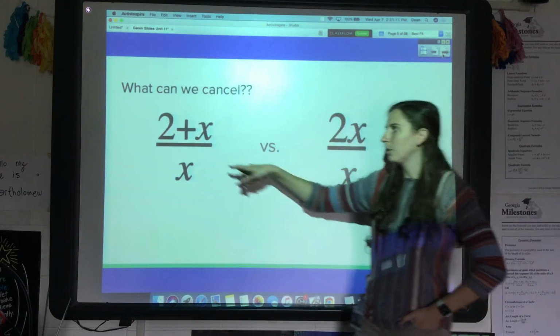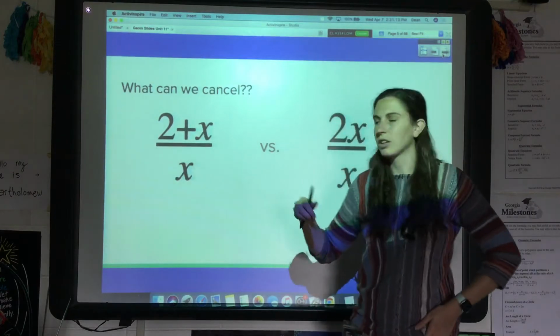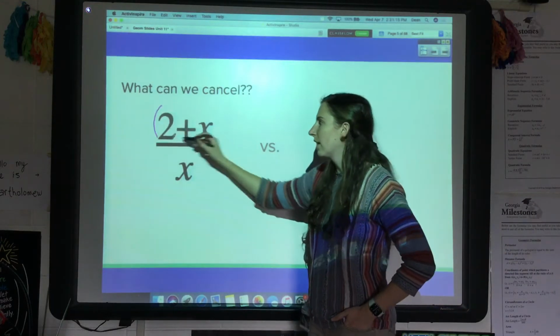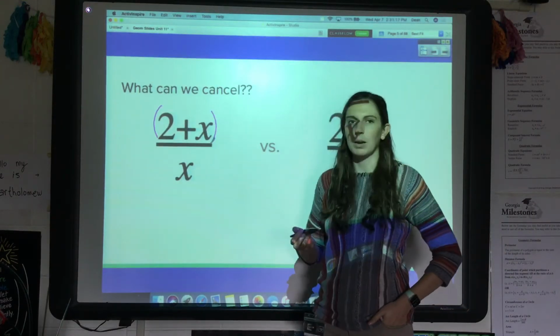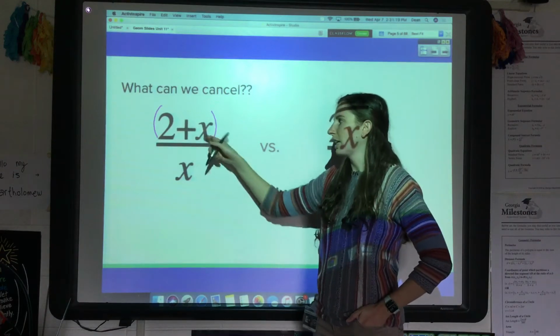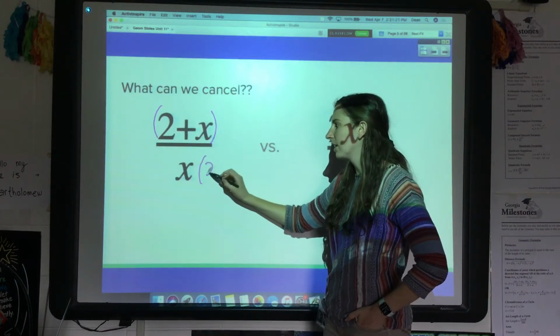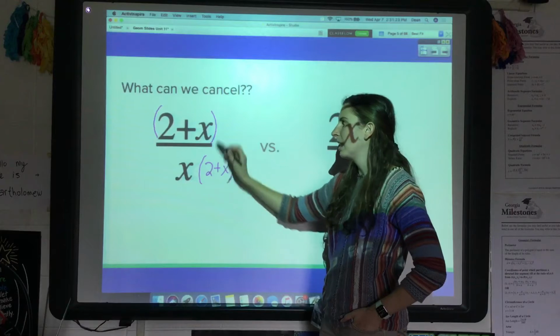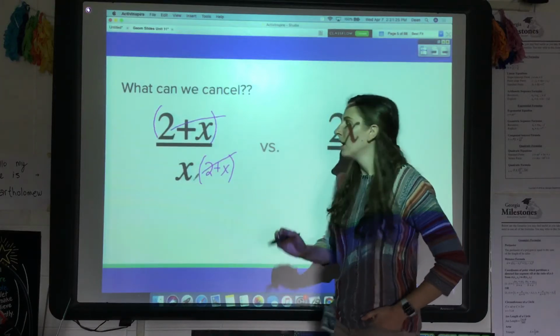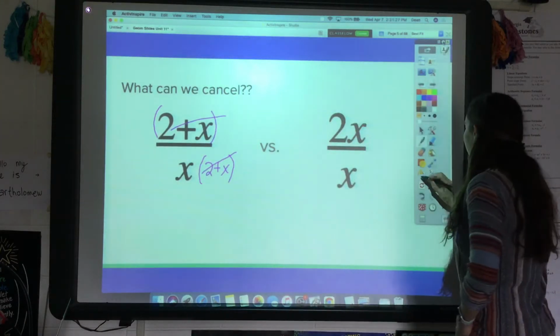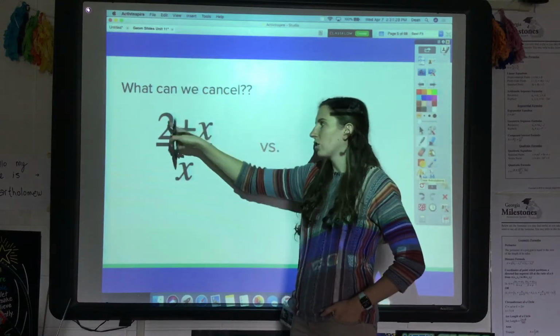So anytime you have addition and subtraction, I would have to cancel out this entire thing. If I were going to cancel out 2 plus x, I would have to have an entire 2 plus x on the bottom that I could then cancel out. But as it currently is, this x is attached to the 2.